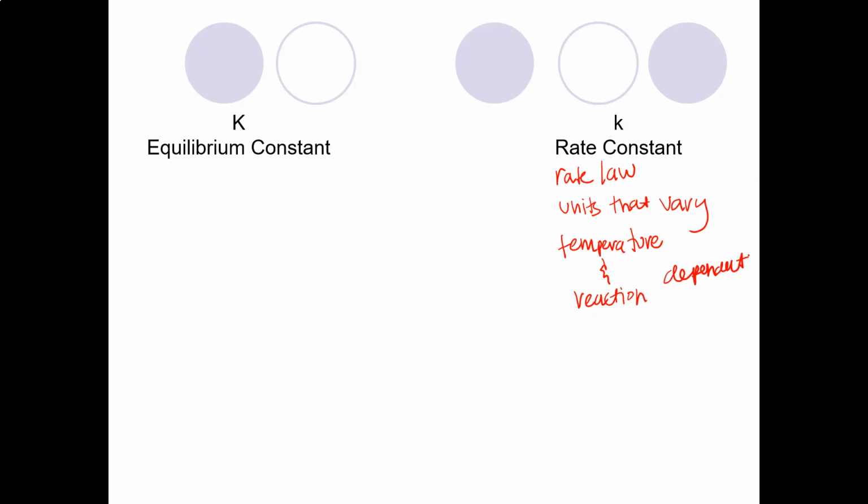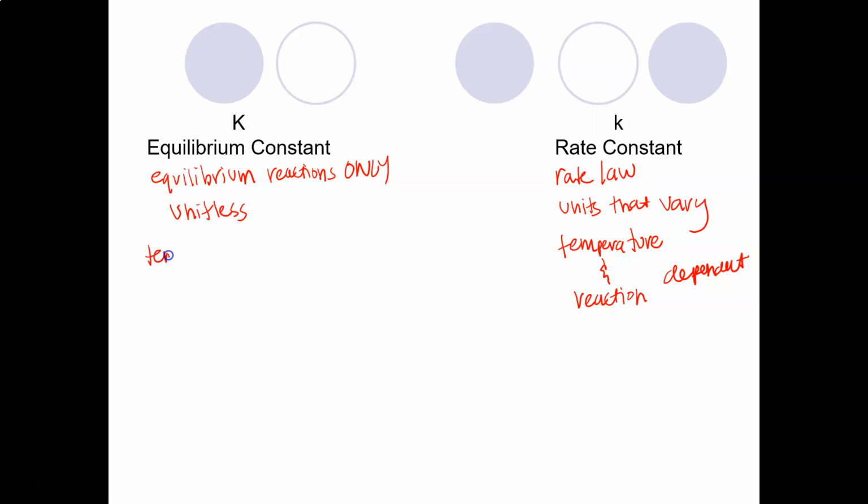Okay. So the equilibrium constant, it is only for equilibrium reactions. It is unitless, so it's just a number.